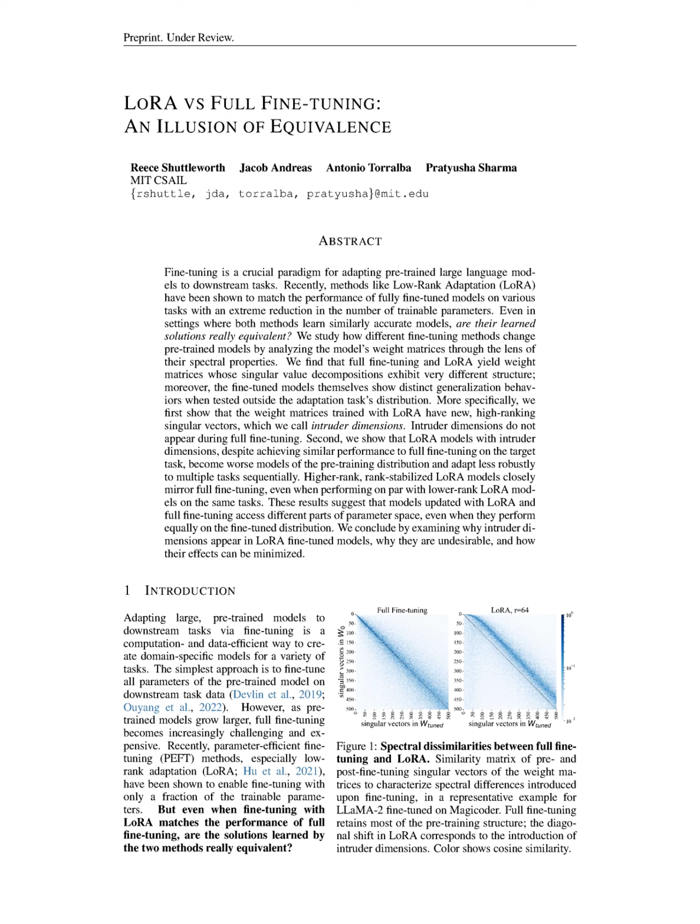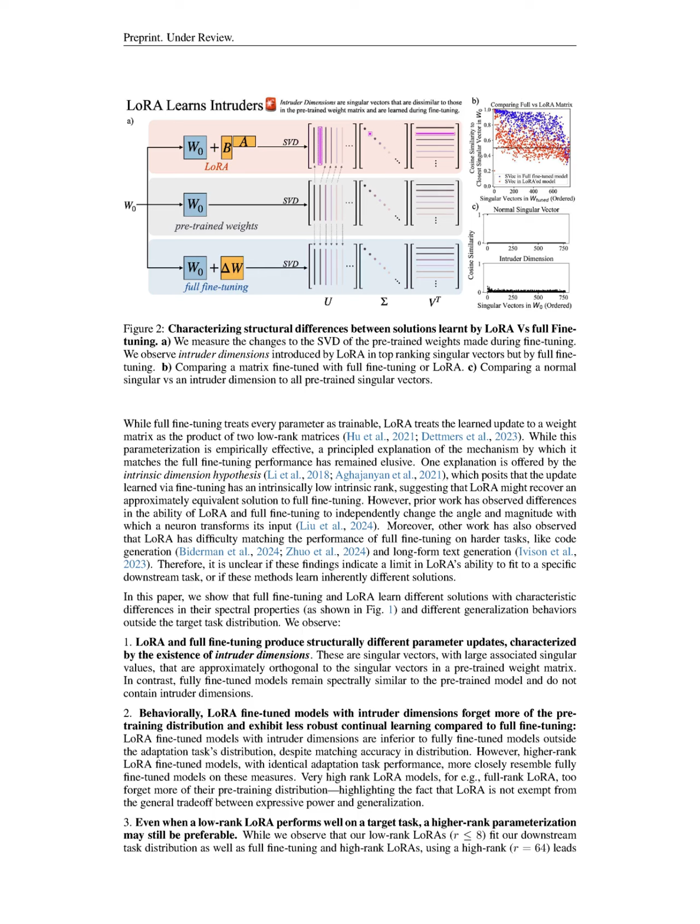The findings indicate that LoRA can achieve similar accuracy with less computational cost while maintaining a closer spectral similarity to the pre-trained model, which is crucial for continual learning scenarios. Overall, LoRA provides a balance between efficiency and performance, particularly in challenging tasks where full fine-tuning may struggle.